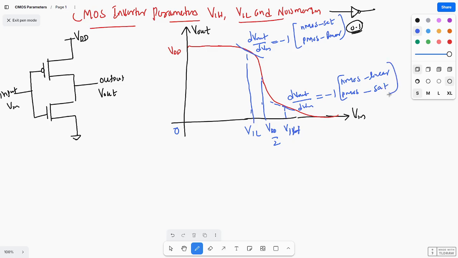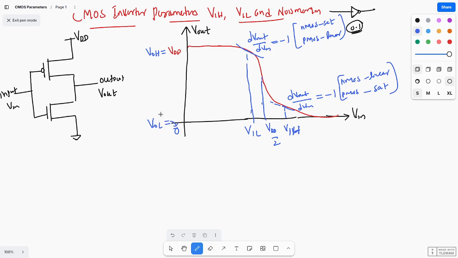Anyway, VOH, output high, equals VDD only, and output low equals 0 only.